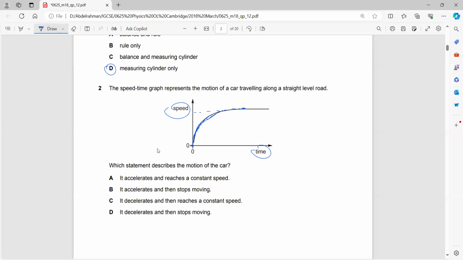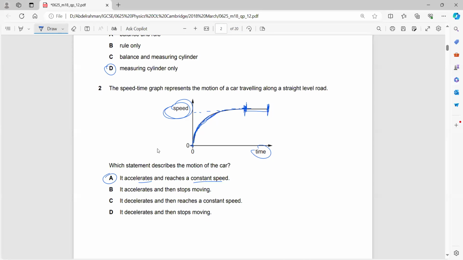And then at this point, did it stop moving? No, it did not stop moving. It was moving with a constant speed. But it accelerates and then it reaches a constant speed. This part, can I say it's a constant acceleration?